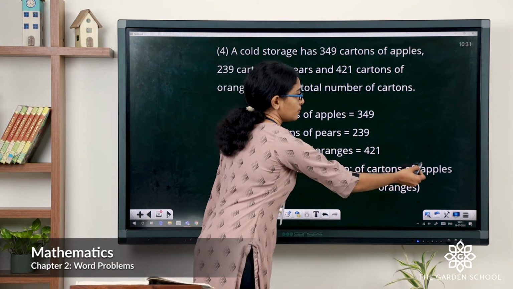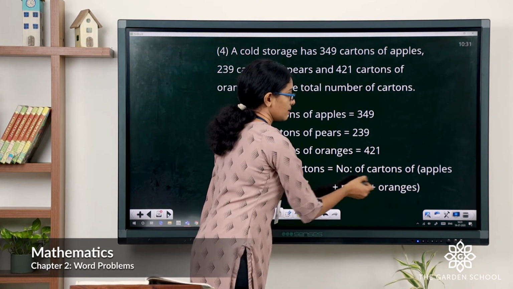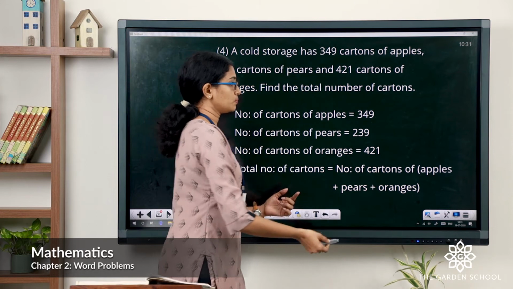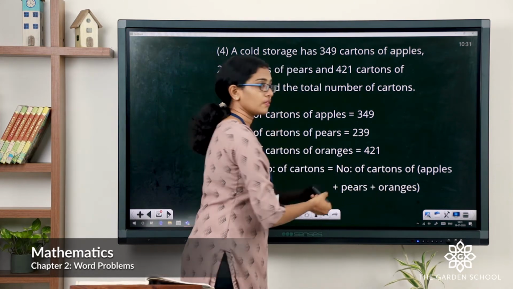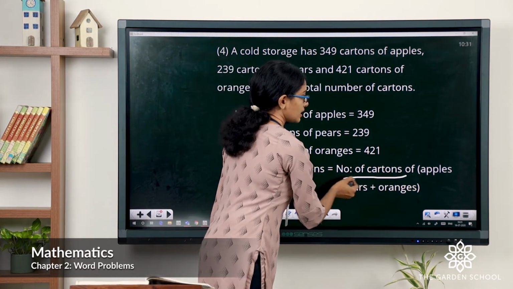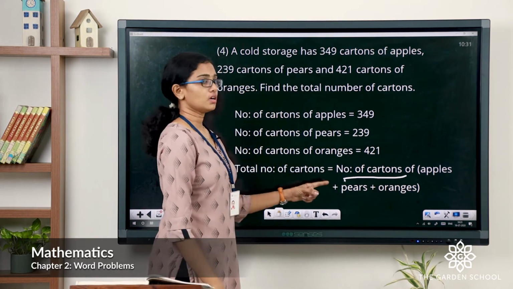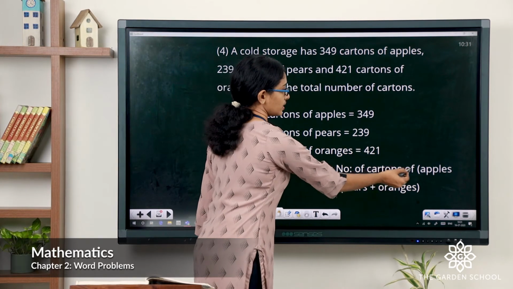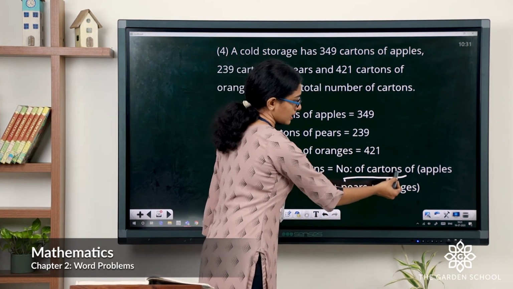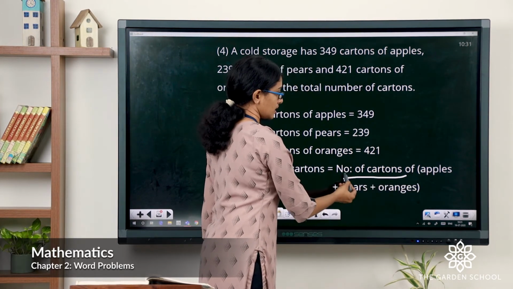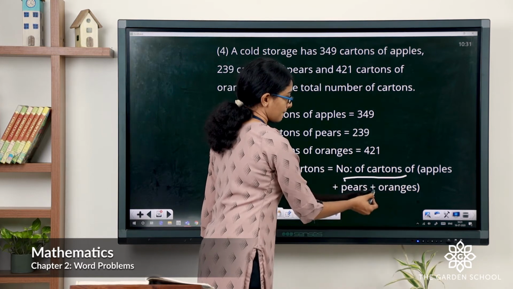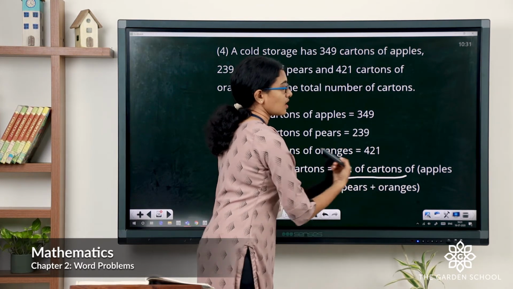I have put a bracket in between and I have written number of cartons here. So, when you put brackets and write something to the left of it, it means this part is applicable to all the items within the brackets. So, when you write like this, it means number of cartons of apples plus number of cartons of pears plus number of cartons of oranges.